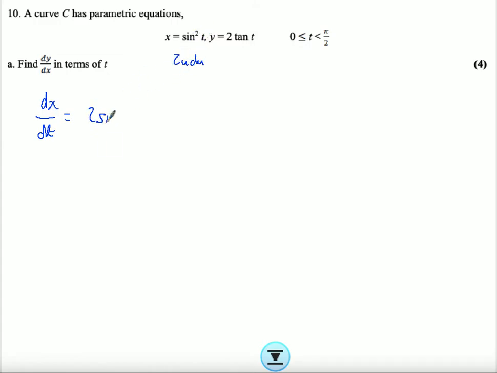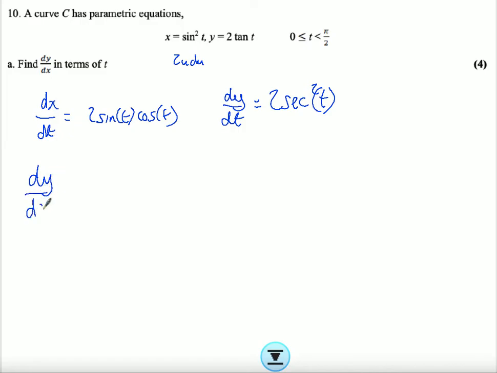So 2 sine t cos t, and dy by dt, 2 tan t is in the formula book as 2 sec squared t. So dy by dx is 2 sec squared t over 2 sine t cos t.